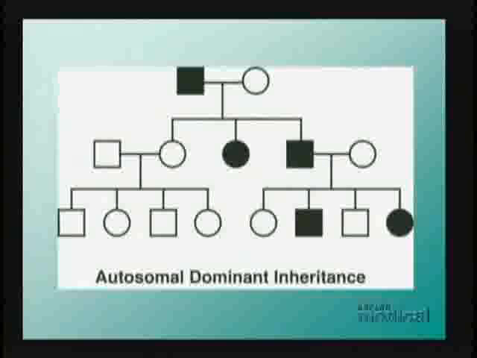Here's the first pedigree in your book, and if you look through the pedigree, you will see that there are affected individuals in every generation, so that will make the disease dominant. And if you look through the pedigree, you will also see inheritance from a father to a son.